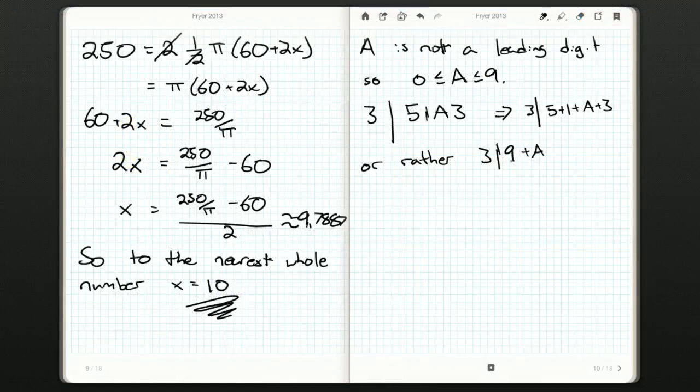So we could do a couple things. We could realize, well, 3 divides 9. So in order to divide 9 plus A, 3 has to divide A. That's certainly one way to do it. Another way to do it is to say, okay, we need all multiples of 3 in whatever range 9 plus A can be. Well, A can be between 0 and 9. So that means 9 plus A is between 9 and 18.